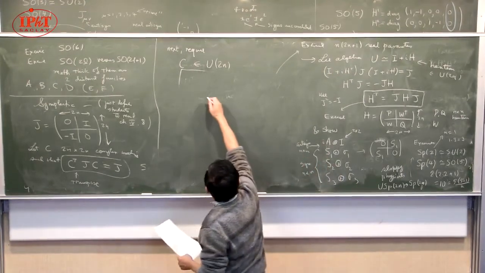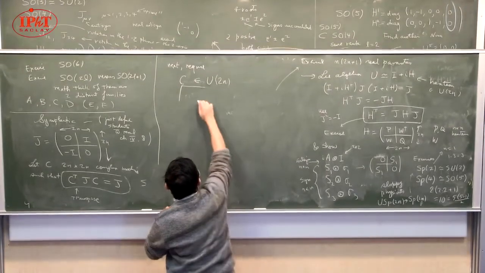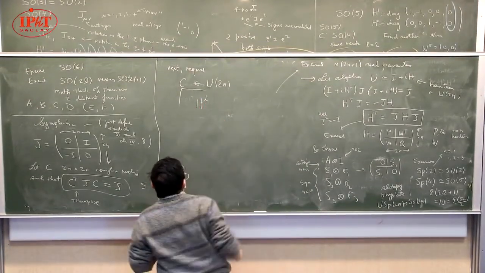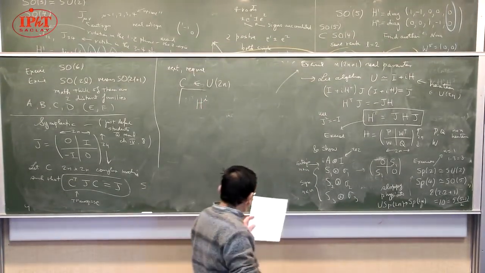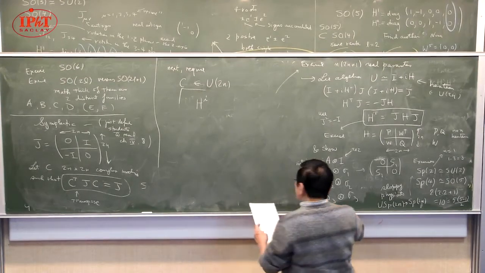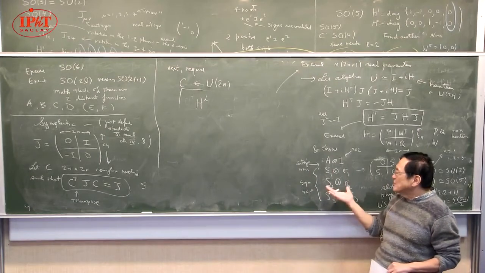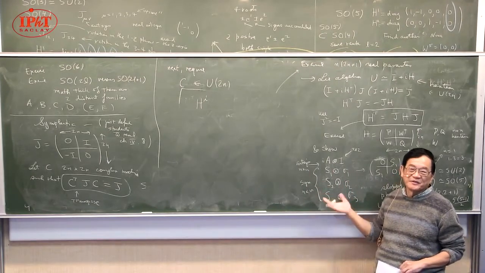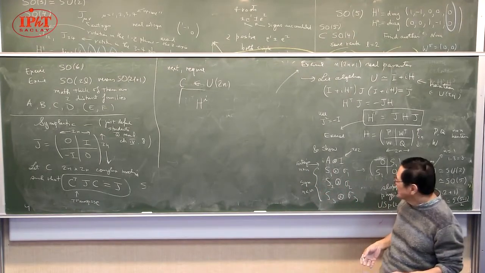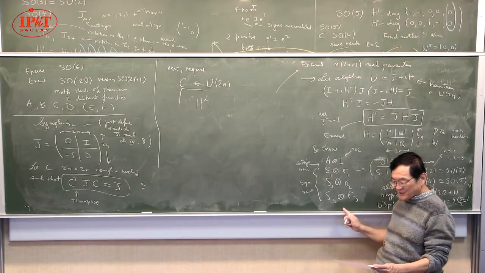Now, what are the H_i for the symplectic algebra? You can see that the H_i are actually, in the American expression, handed to us on a silver platter. Okay? So it's literally handed to us here.